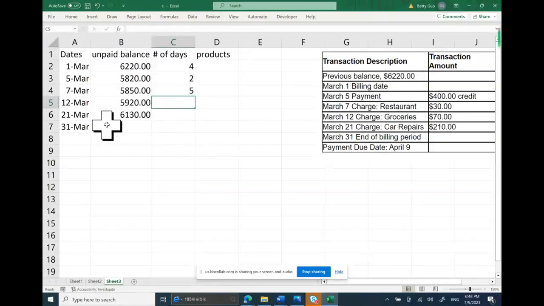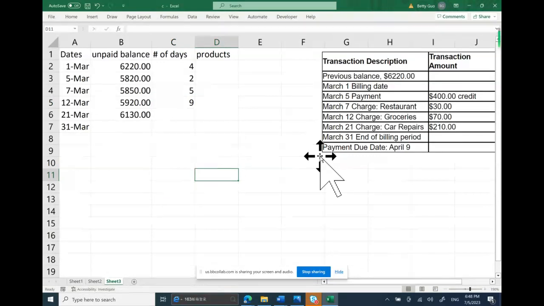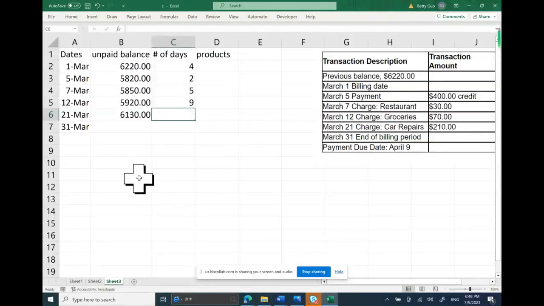And this new balance stays on your credit card. What is 21 minus 12? For 9 days, right? 12, 13, 14, 15, 16, 17, 18, 19, 20. Yeah, 9 days. And this last balance, $6,130, gonna stay on your credit card for how many days? You do not use 31 minus 21. What is it? Is it 10? Oh, not 10.